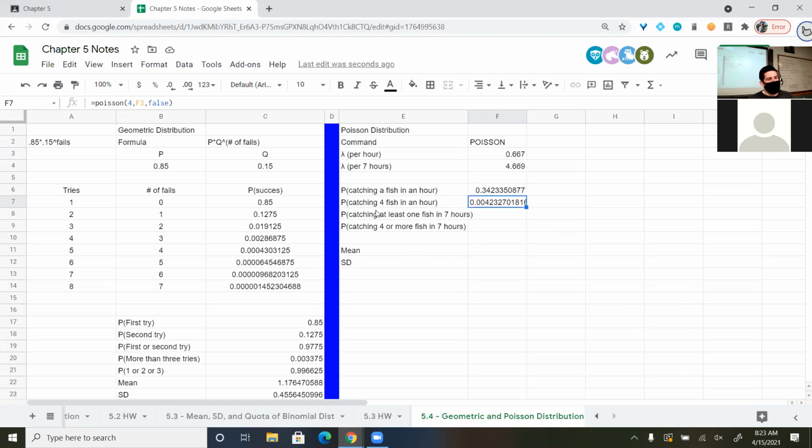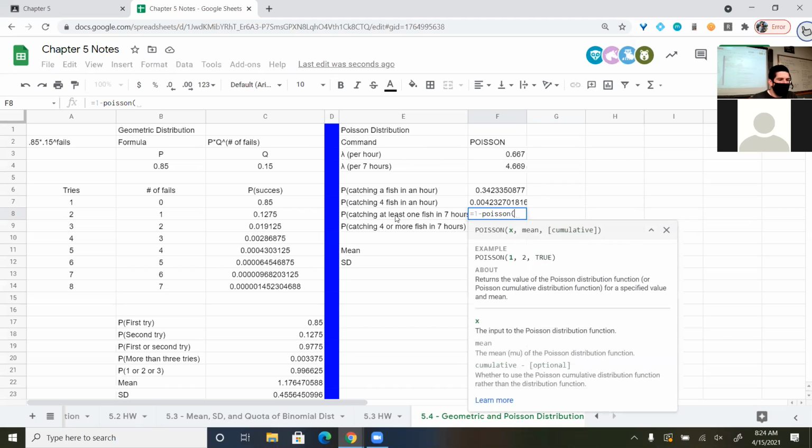So at least one fish would be 1 or 2 or 3 or 4 or all the fish in the lake, which we don't know how many there are. So since I don't know how many and I can't count up, I'm going to calculate everything I don't want and subtract it from 100%. So I'm going to do 1 minus the Poisson distribution. And if I want at least one, that means I don't want to just not catch any fish.